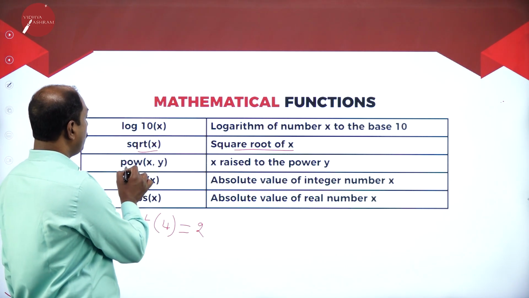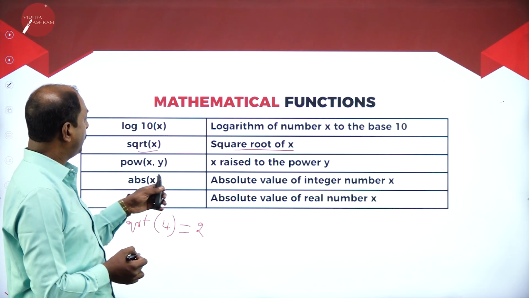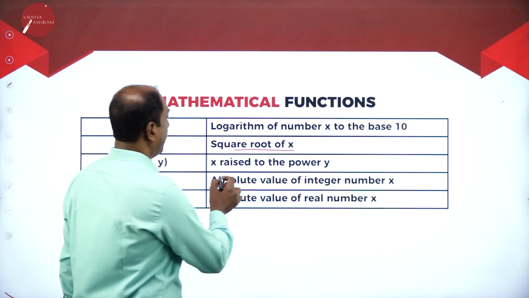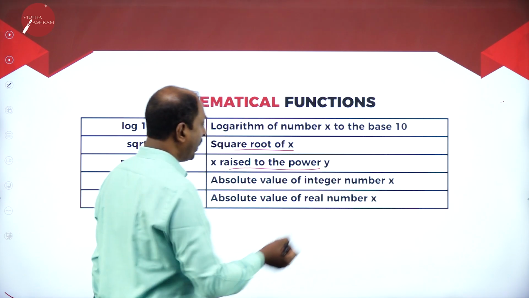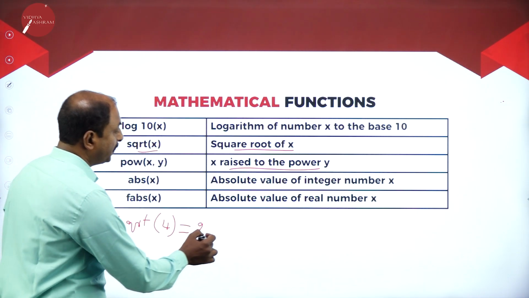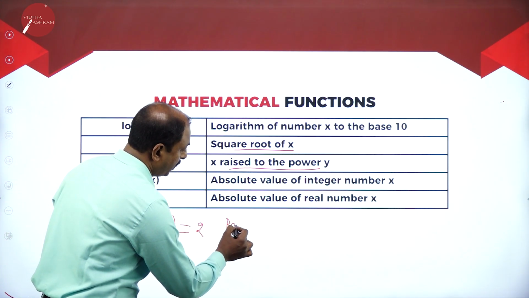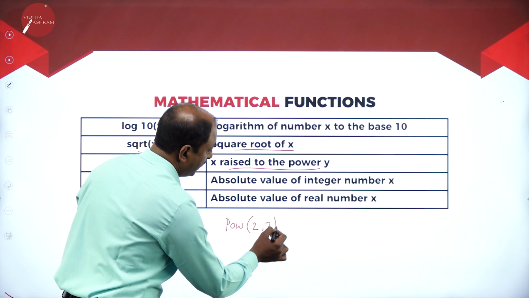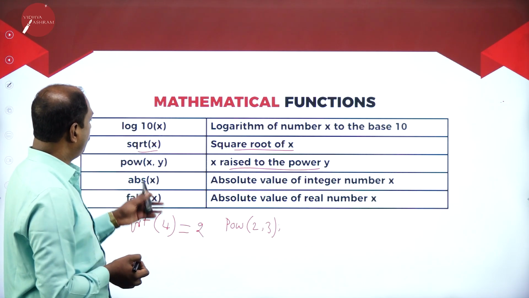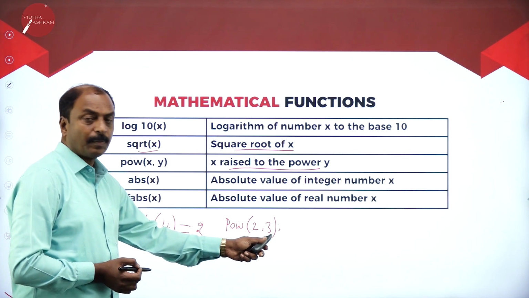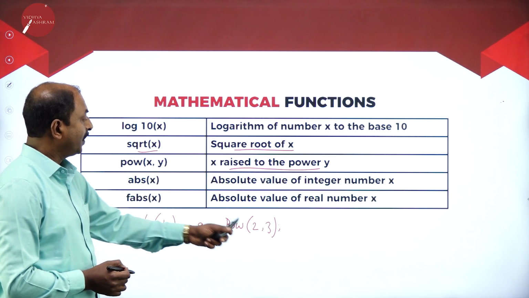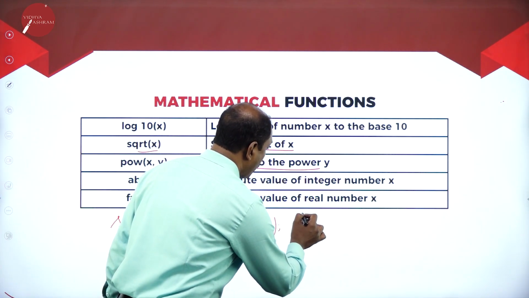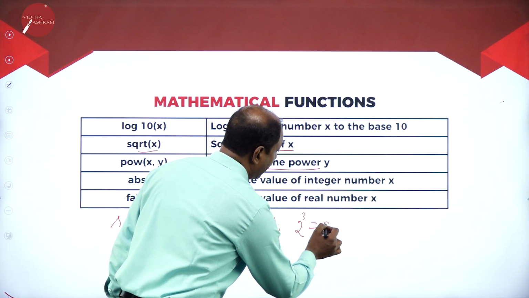Similarly, next we have power of x y. We say pow(x, y). Here it gives x raised to the power y. The meaning is, suppose I write pow(2, 3); here 2 and 3 stand for x and y, x raised to the power y. The meaning is 2 to the power of 3, which equals 8.